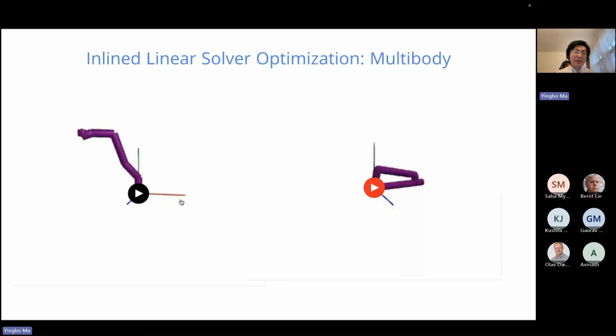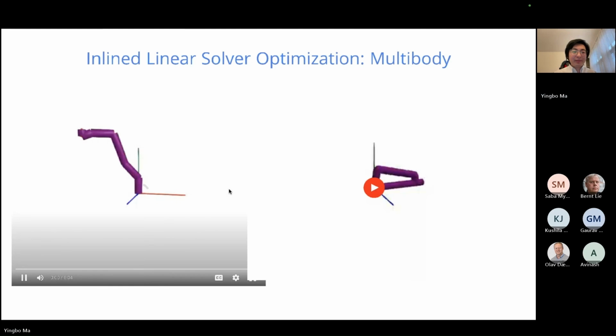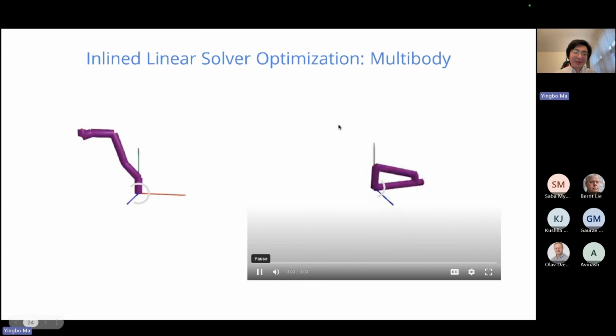And here are two demonstrations of our JuliaSim multi-body library developed in JuliaHub. So this is a robotic arm example. Hopefully the video plays. I'll wait for like 10 seconds. If it doesn't, I will just go on. And the example on the right is a four-bar linkage example.